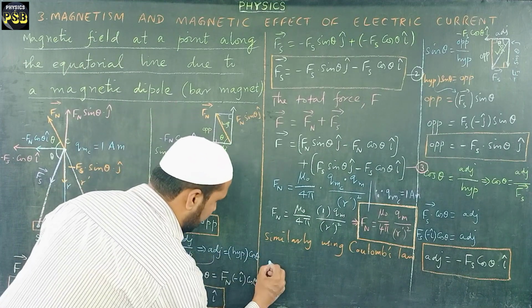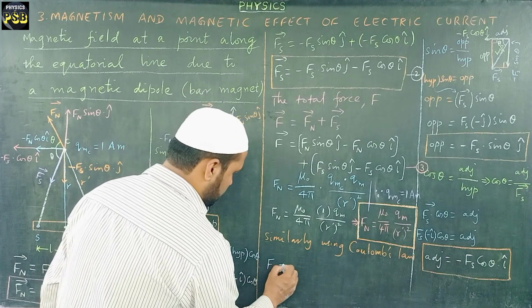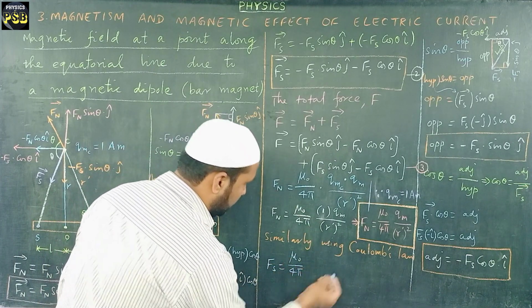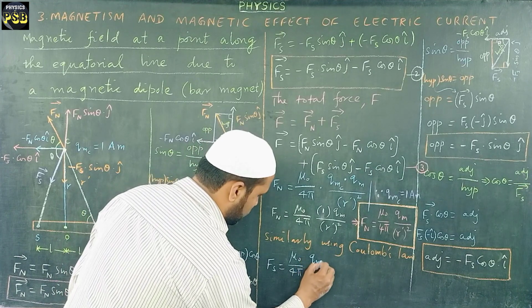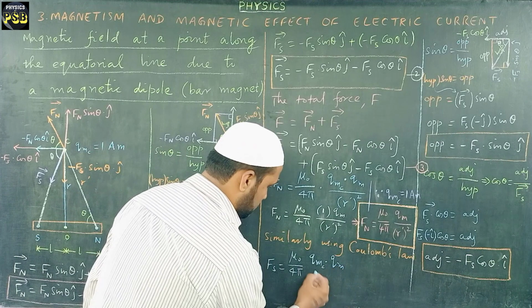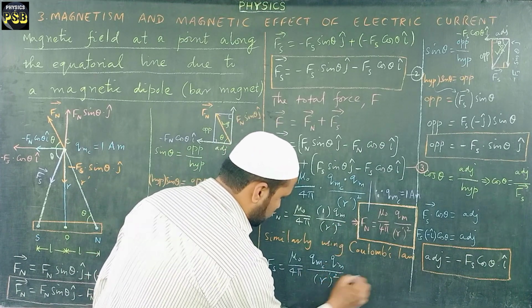Fs can be obtained as mu naught upon 4 pi multiplied with QmC Qm upon r dash square.